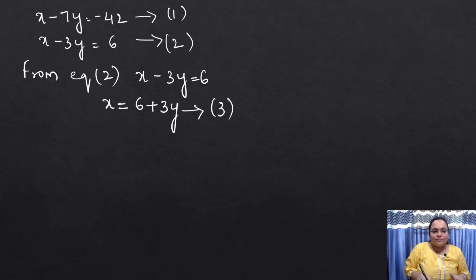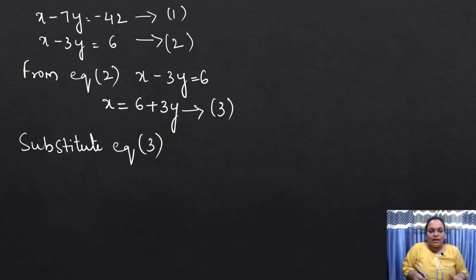So, we will substitute equation 3 in the other equation, which is equation 1, because we have already used this equation 2. We will substitute equation 3 in this equation 1 and find the value of y. Okay. So, what is equation 1?